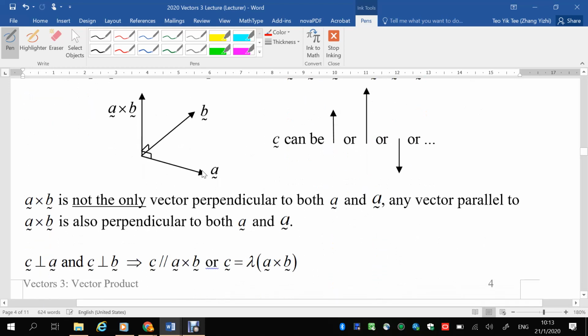So you must tell me C is parallel to A cross B, and from your chapter 1, if they are parallel, C will be equal to lambda A cross B. So we are looking for this answer. If your properties are zero in your brain, there's nothing you can do for a question like that. It's just blank.